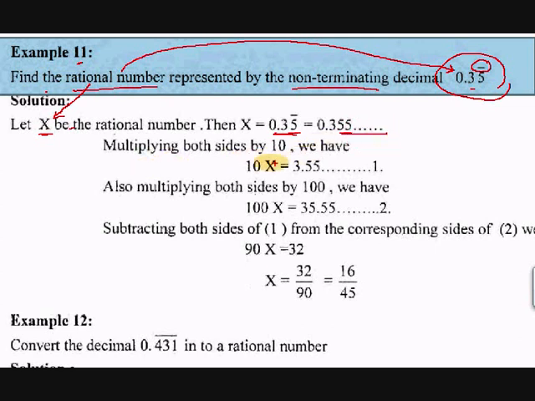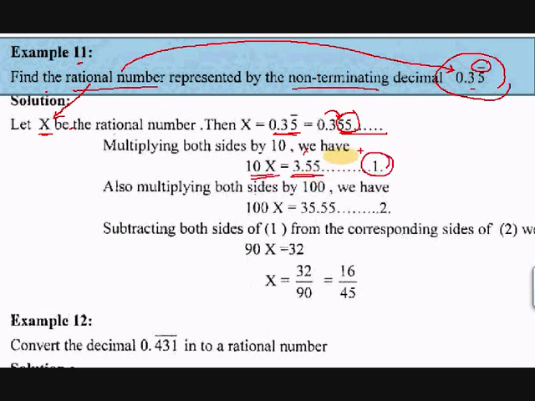Multiplying both sides by 10, we move the decimal point one digit, so 10x is equal to 3.5555.